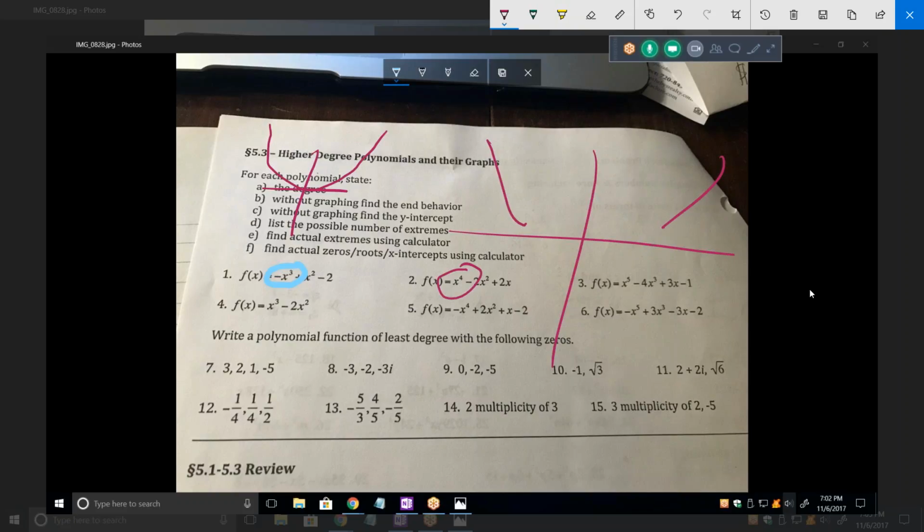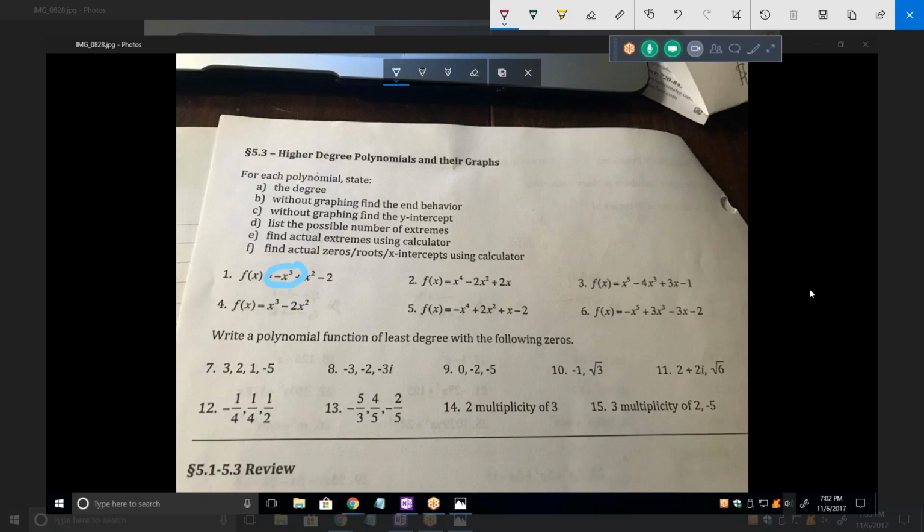So even powers always come from the same direction, left-hand and right-hand end behavior. They don't always come from positive; it could look something like that, so sometimes they both come from negative. Remember, when you have an even power, they're going to do the same thing on each side. Right.